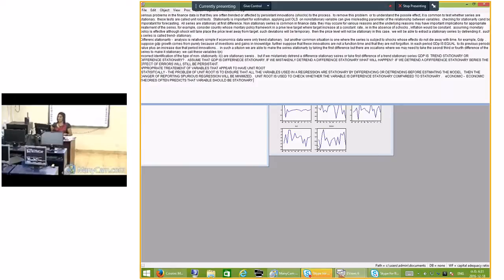So then it is important to check the theory. What does the theory say about it?